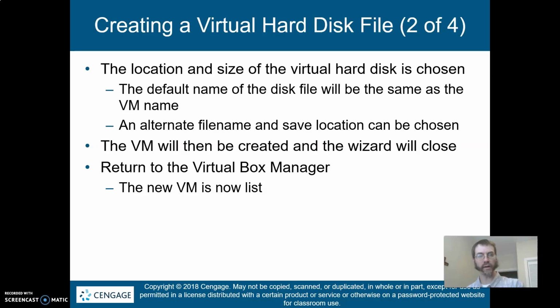I gave it the name of one Linux distro when it was actually a slightly different one, and I wanted to fix that. I changed the name of the VM, then I tried to change the name of the file. Try as I might, I couldn't get the renamed file associated with the renamed VM. I actually had to go back in and change the path to the file back to the original name in order that the VM would recognize it.